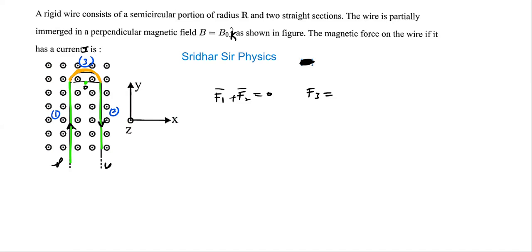Then the effective length will go for it, current I B naught pi R. The current flows in this direction, so the current will be along negative.